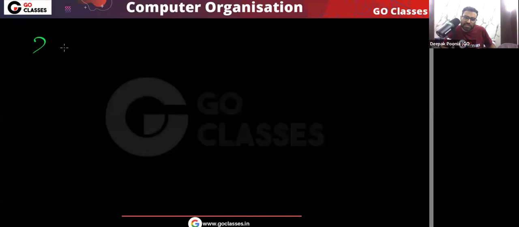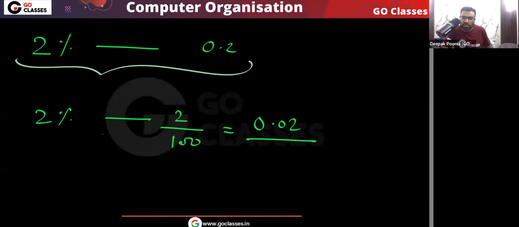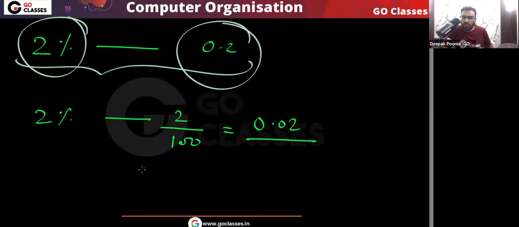So don't make this common silly mistake of writing a 2% miss rate as 0.2. When you convert a fraction to a percentage, you multiply by 100. So it will be 0.02.